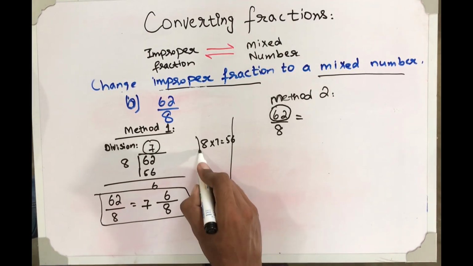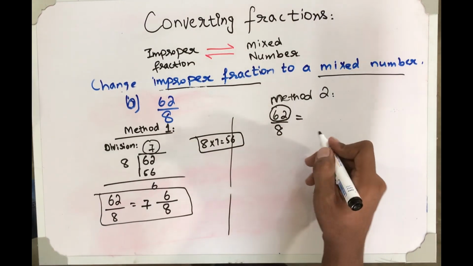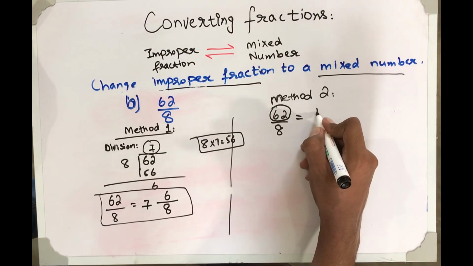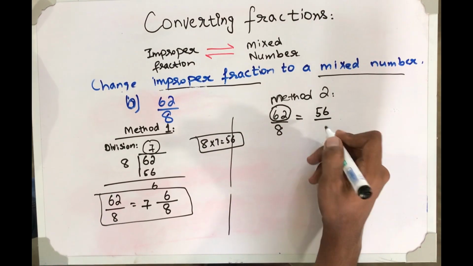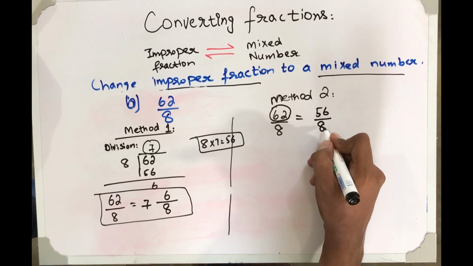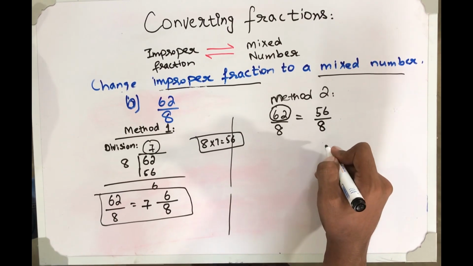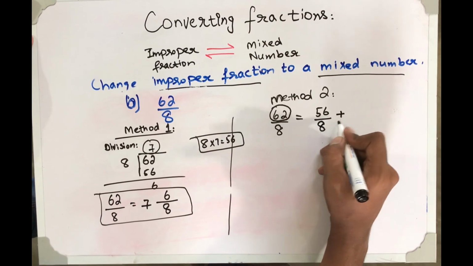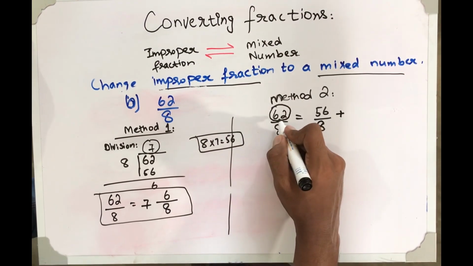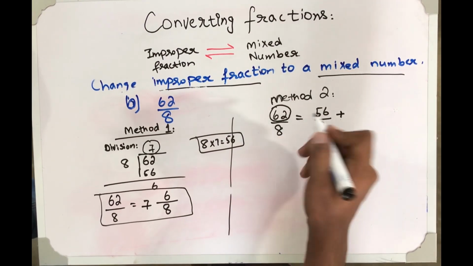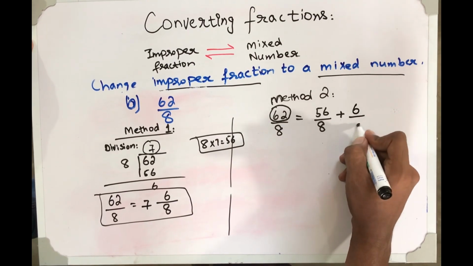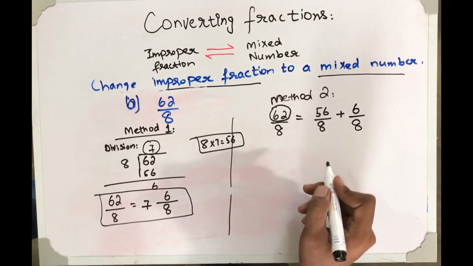As I have already written here, 56 is that number that is a multiple of 8. We will divide 56 by 8 and then we will write plus. After subtracting 56 from 62 we will get 6. So this is how we can write this fraction.